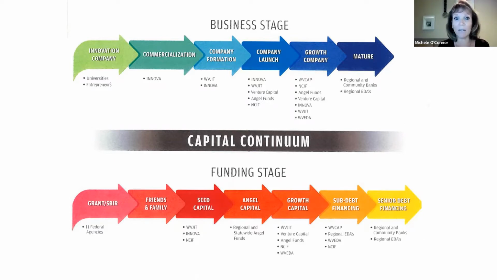Well, it's the layers of capital needed to either fund a business or a business project. And as you start to look through this chart up here, you're going to see a lot of overlap. Entities that provide capital outside of traditional banks can come in different areas of business stage and funding stage, and fund different areas of projects that a business is looking for.